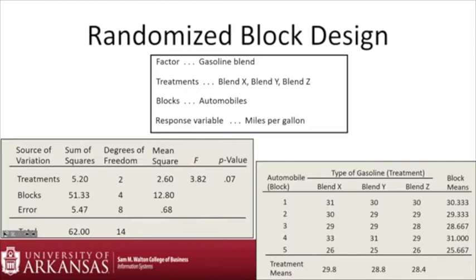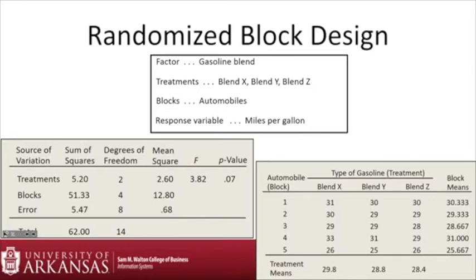So when I'm talking about the different blends of gas, a sports car versus an SUV versus an eco-friendly hybrid can have a difference on how the blend of gas impacts my results, in this case my miles per gallon. So here what I've done is, I just looked at this, I can say it was completely randomized.